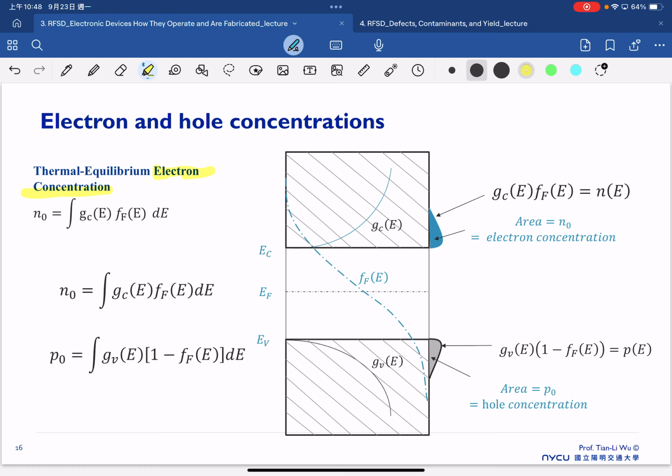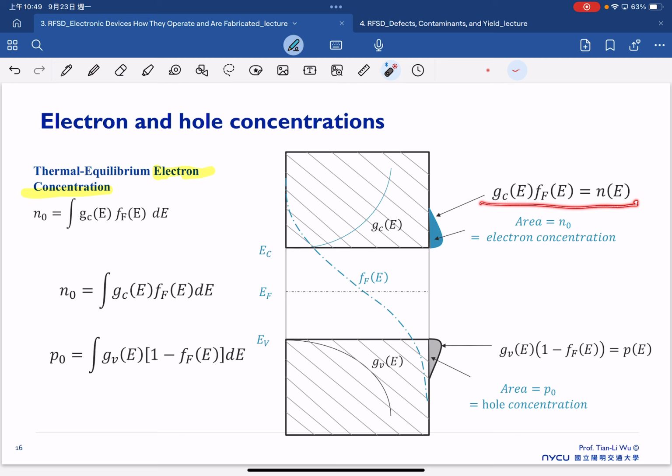The electron concentration is the integration of the density of states times the Fermi function. Using the graph: this is our density of states, which we described before, and this is our Fermi function. Integrating this with this, the area becomes our electron concentration, which is equal to Gc times the Fermi function.